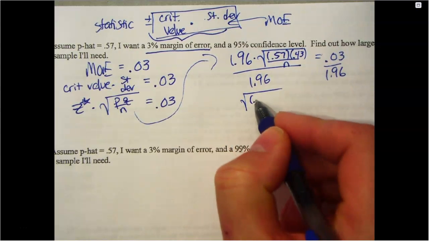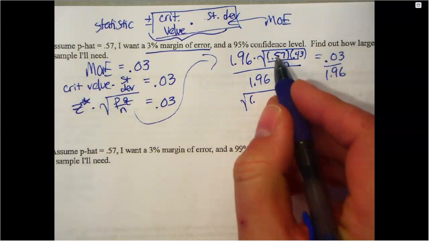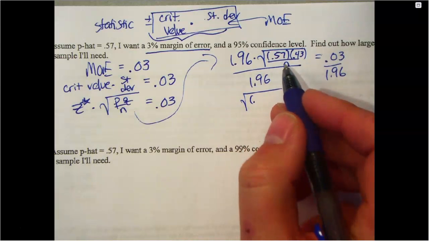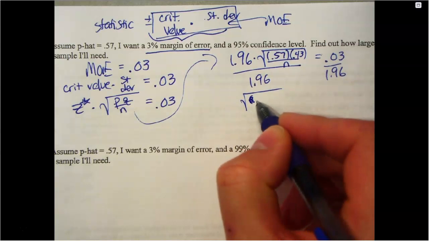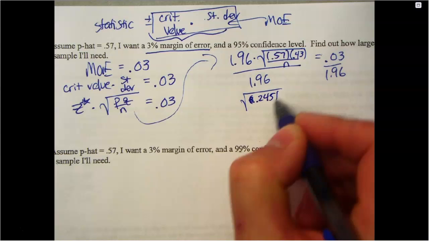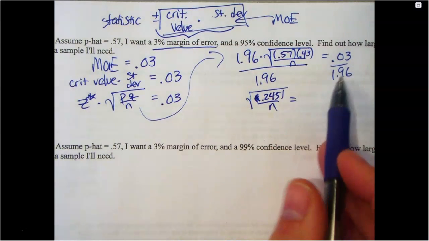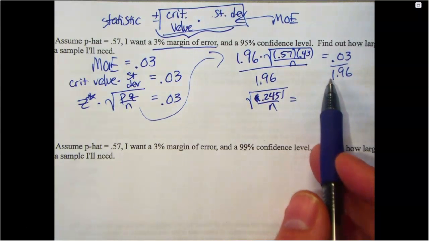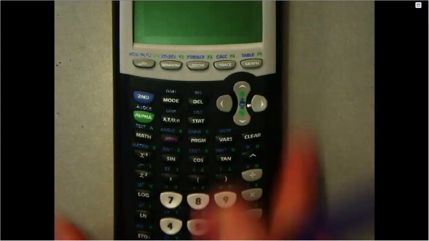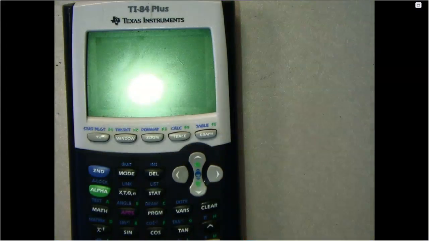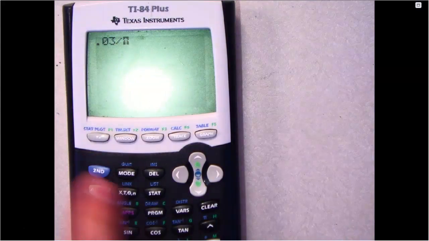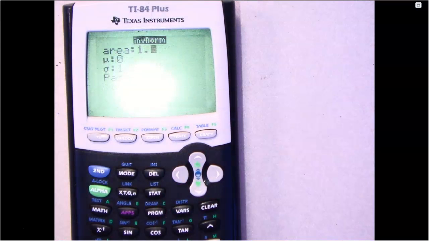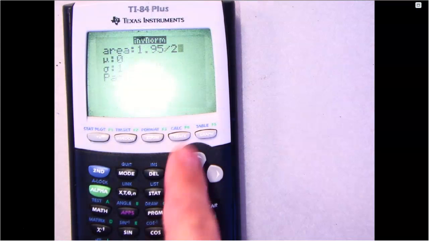At the same time, I'm going to figure out what 0.57 times 0.43 is. 0.2451 over N equals. But I'm not going to type in 0.03 divided by 1.96, because that's rounding it a little bit. I'm going to go 0.03 divided by the inverse norm of 1.95.